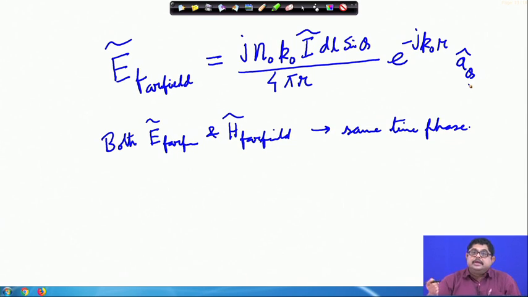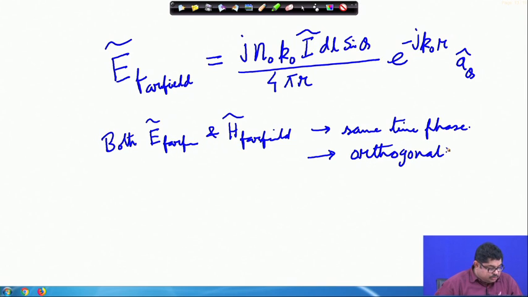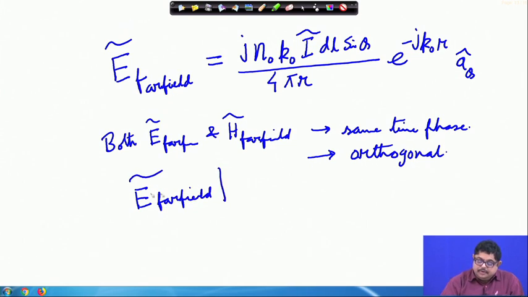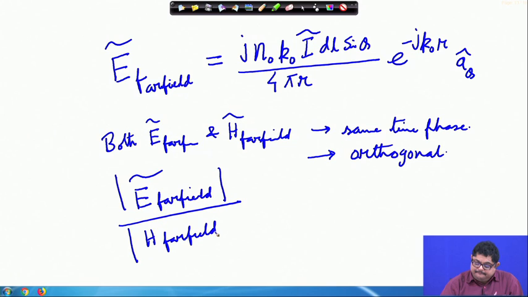and H far field is phi directed. So, that means they are orthogonal to each other. These two far fields are orthogonal to each other. And what is the ratio of these far fields? E far field magnitude by H far field magnitude.